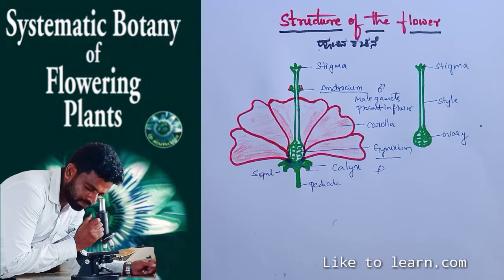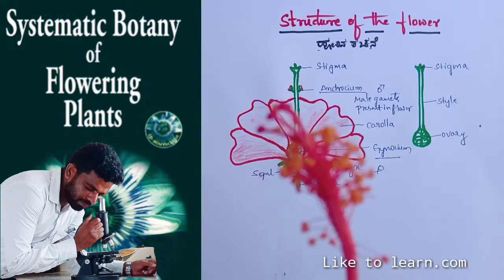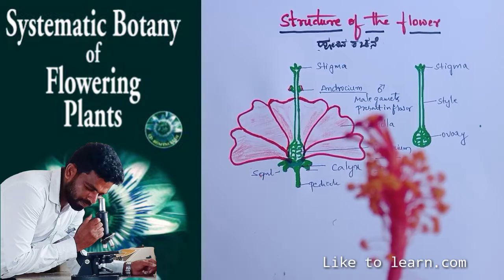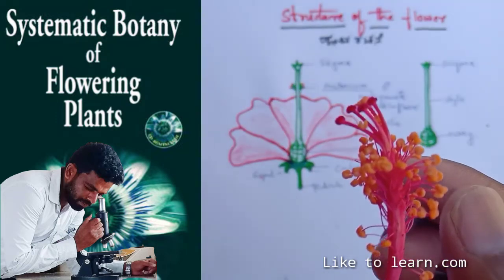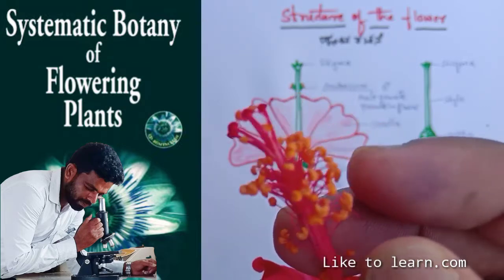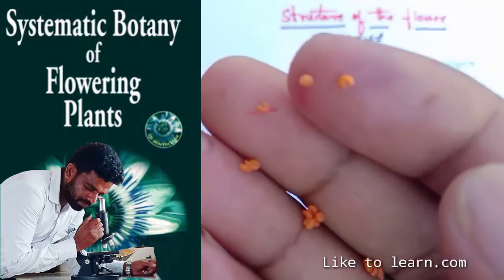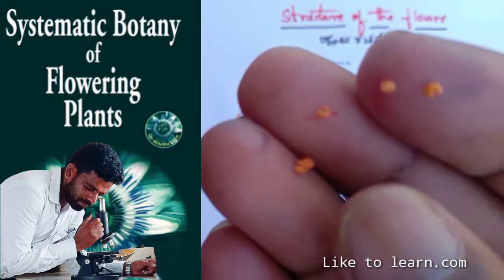In the pollen grains, you have to observe male gametes. See, this is the androecium part. In this androecium, you have to observe stamens. See, these are the stamens.